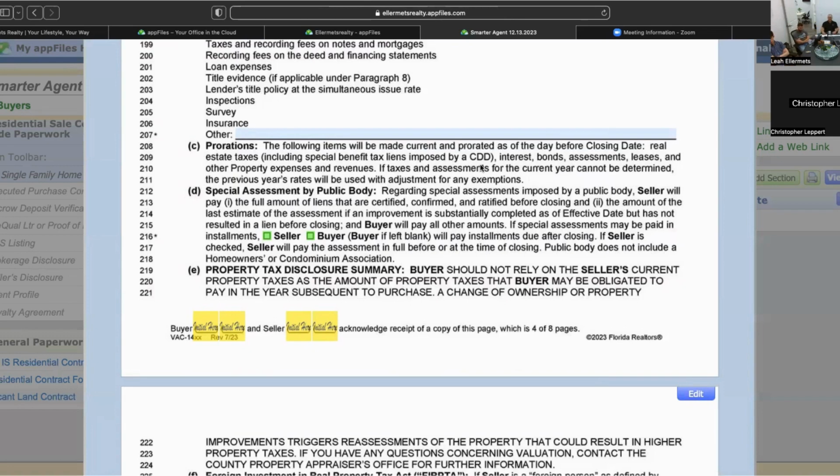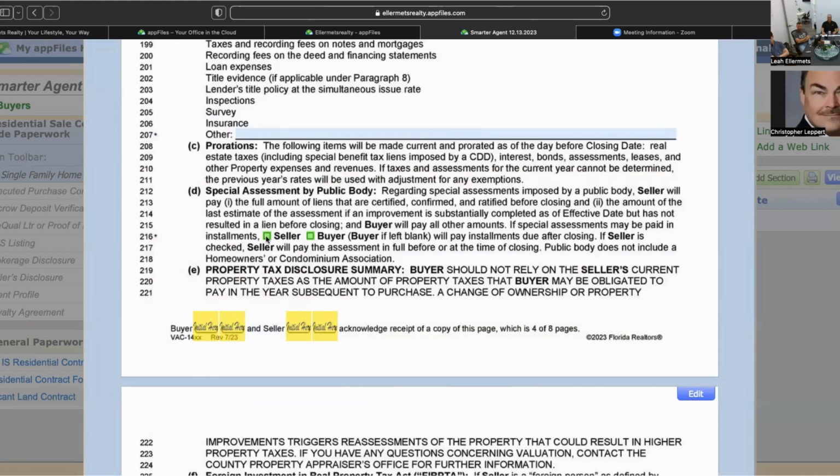Okay. Special assessments. This is something that I would definitely be calling the county before I got in with that land, because a seller may not have researched it or paid attention to all the mailings that came to them. So you want to verify that there are no special assessments. And if there are, who pays them?